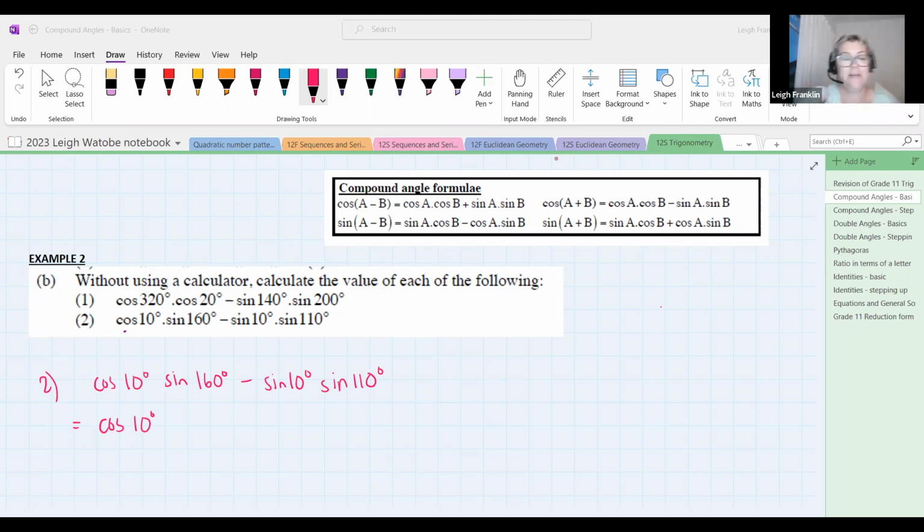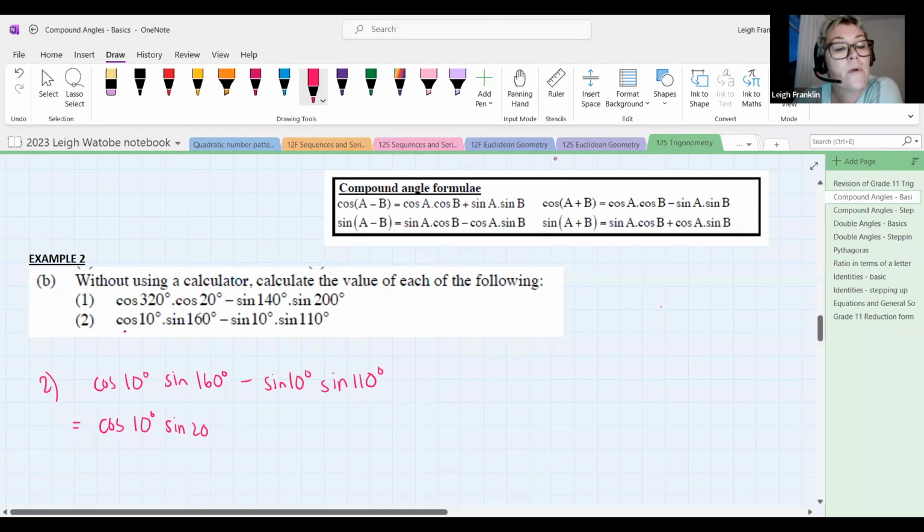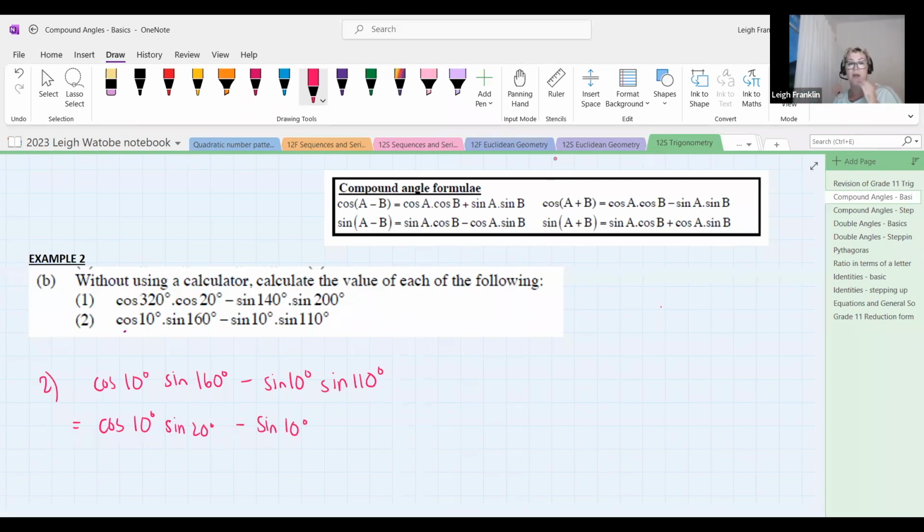Yes. How am I going to write sine 160 after I've reduced it? I'm going to write it as sine 20. Good, well done. Minus sine 10 is not a problem. How am I going to write sine 110?